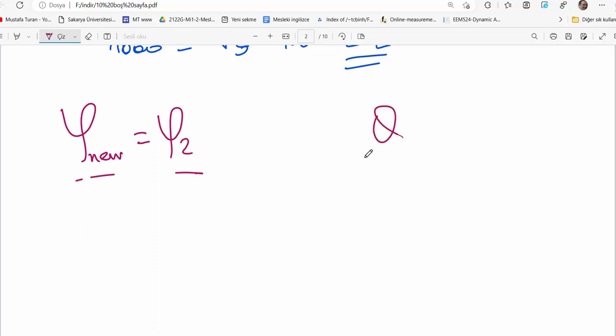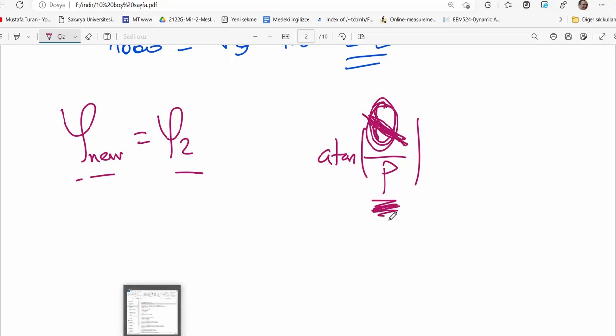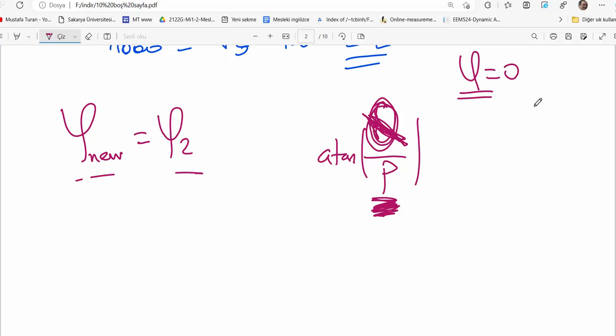If you know reactive power and active power, you can get it. But you don't know any information about reactive power, only some information about the active power. The initial value of the phase angle was 0.